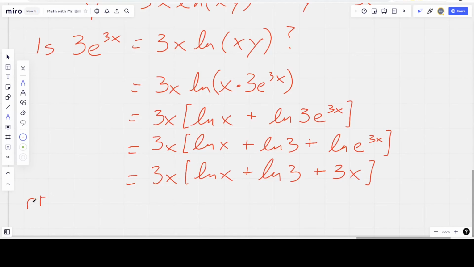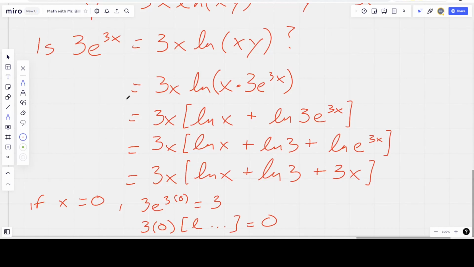Let's just say if x equals 0, then 3 times e to the 3 times 0 is equal to 3, but 3 times 0 times the natural log really wouldn't matter at this point because I'm multiplying by 0. That's equal to 0. So we get different outputs for just one input, and already we know that those two aren't the same.